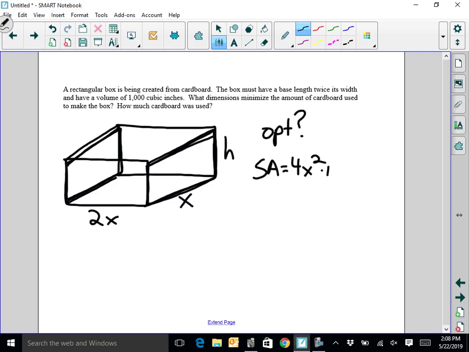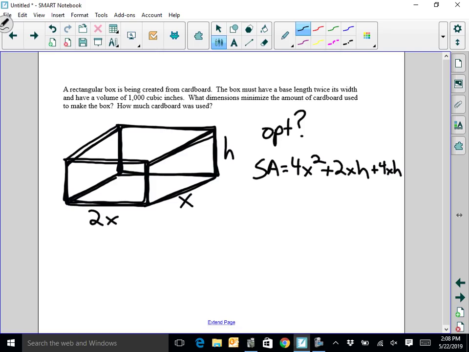This front panel right here has an area of 2xh with another 2xh on the back side. 2xh plus 2xh is 4xh. Again, I think this is the trickiest part of the problem, writing these equations. But there we have it.